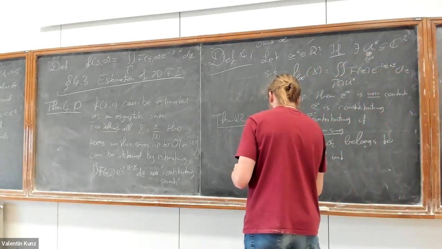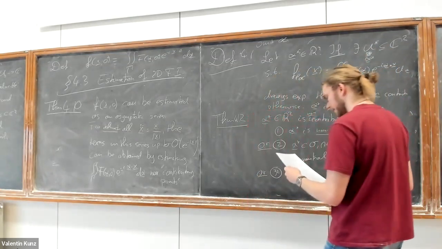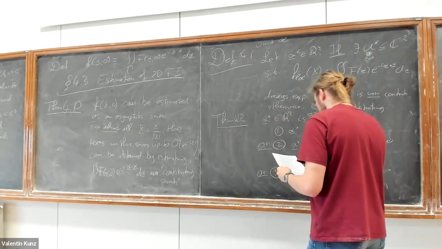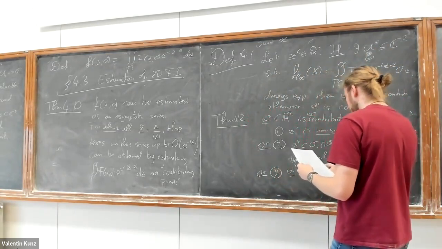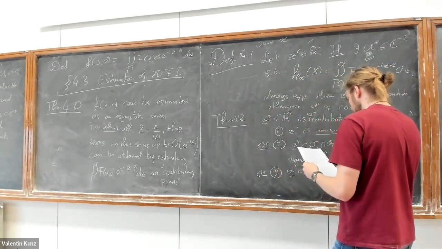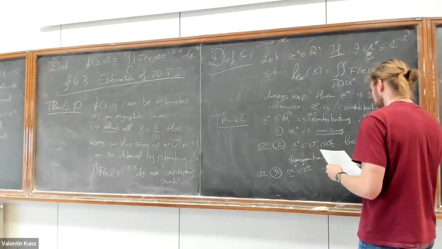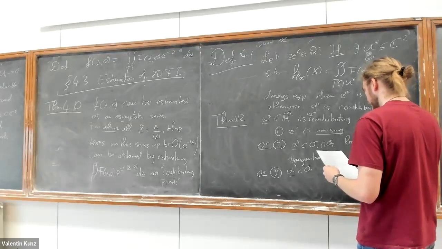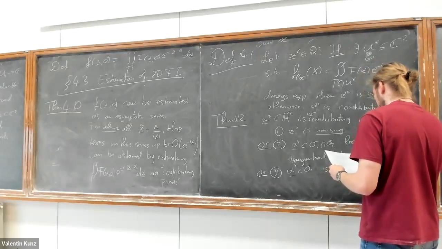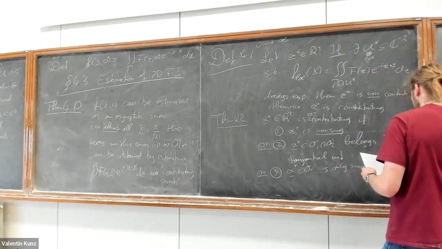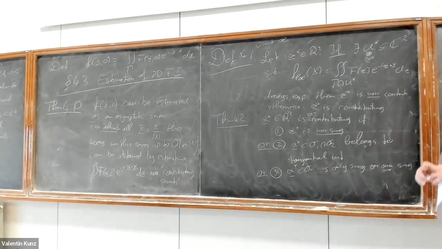Or we should have written down the third one before that. If alpha is only on one singularity, so if you don't have an intersection of any kind, then it's not contributing.